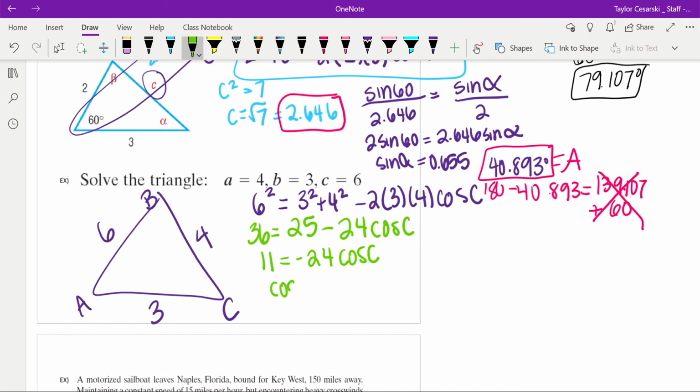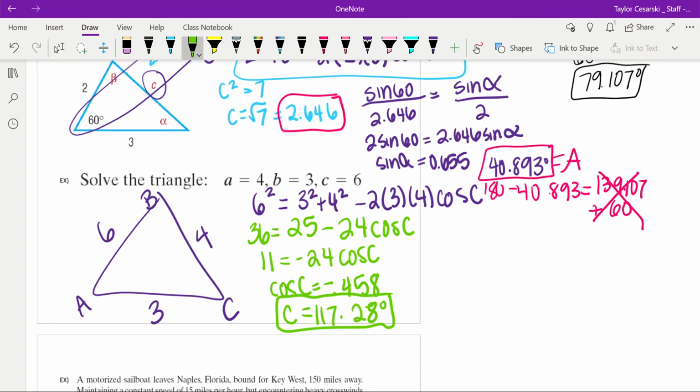So I get cosine of C equals negative 0.458. Alright, so then I'm going to take the inverse cosine of that. And I get C equals 117.28 degrees. And that makes sense. That's my biggest angle, so that is an obtuse angle.